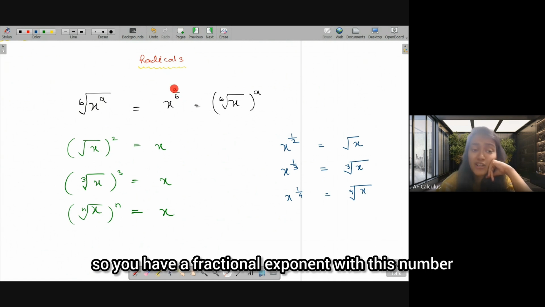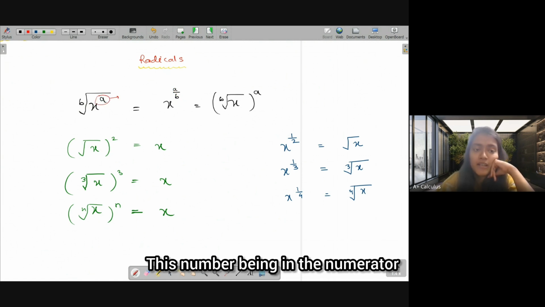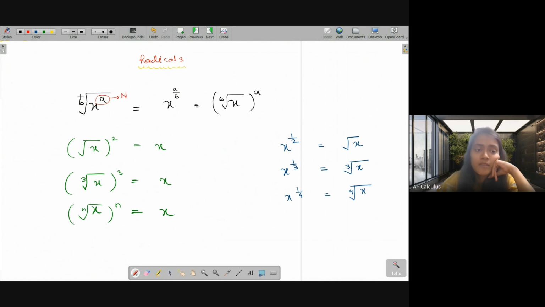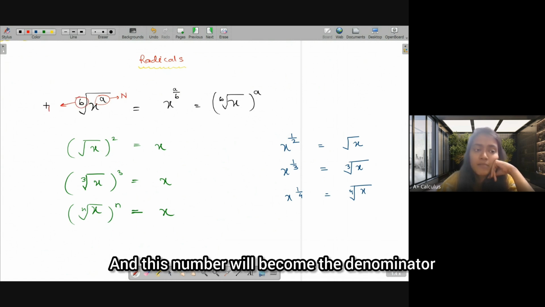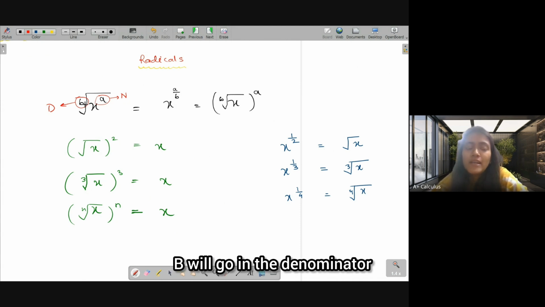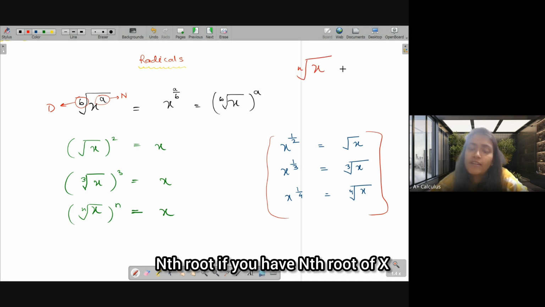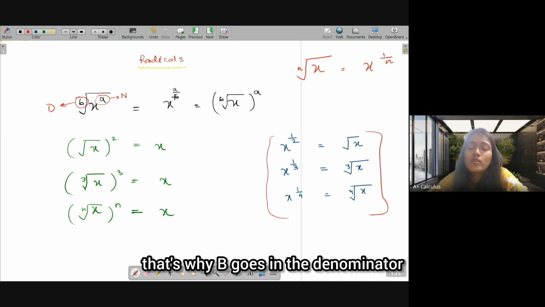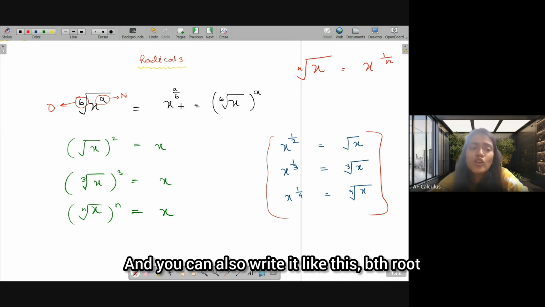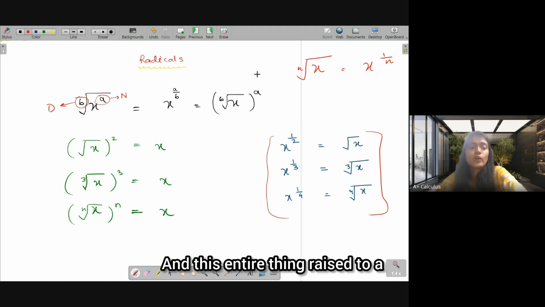So you'll have a fractional exponent with this number in the numerator, and this number will become the denominator. So you get x raised to a over b. b will go in the denominator because of this. If you have the nth root of x, this is actually x raised to 1 over n. That's why b goes in the denominator. And you can also write it like this: the bth root, and this entire thing raised to a.